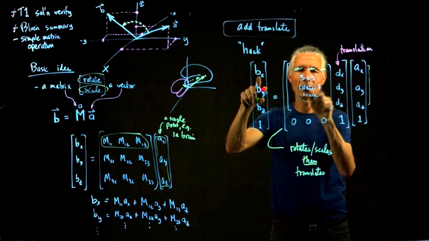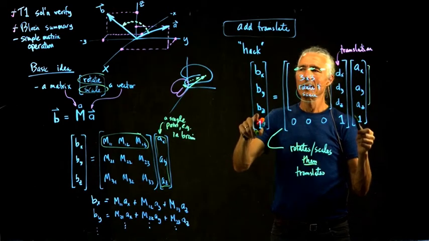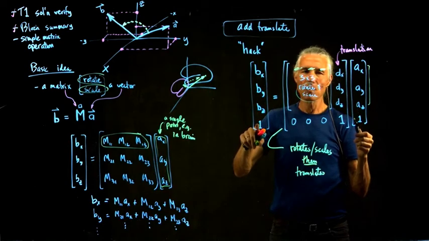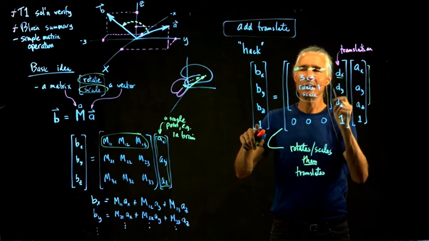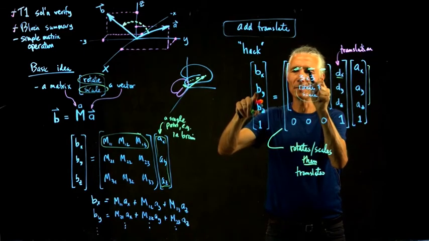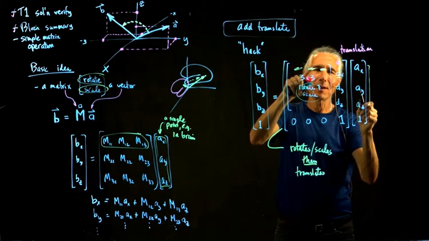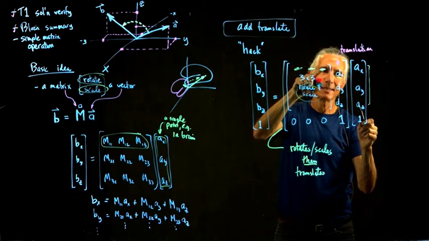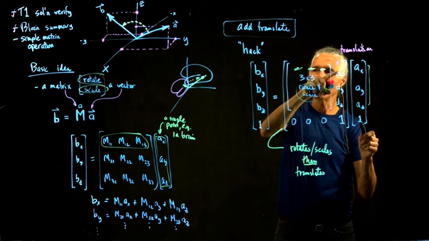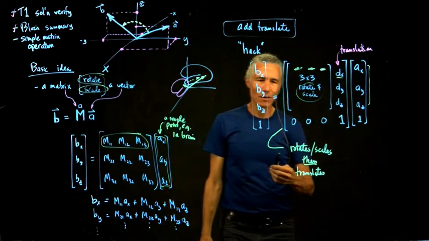Then we add 1 times dx. So it's AX times this one, AY times this one, AZ times this one, and then 1 times dx. That adds a translation onto it.